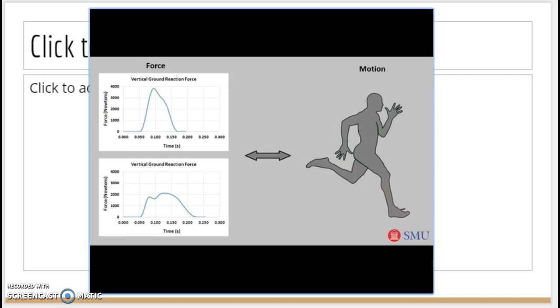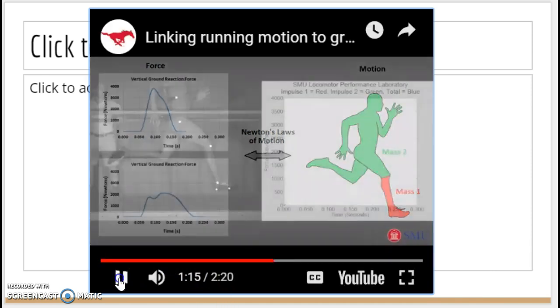Is there an underlying principle that equates the force to the motion of the runner? There is. Newton's law of motion. We determined that the motion of the body conveys the forces of the foot running. Class 1 consists of the lower contacting limb. Class 2 consists of the rest of the body.